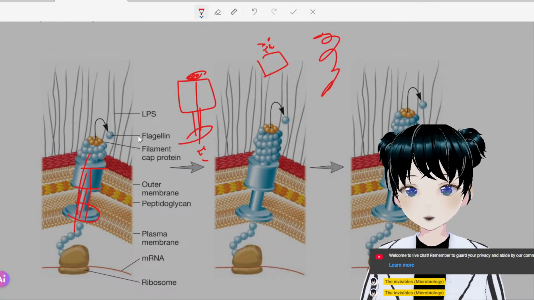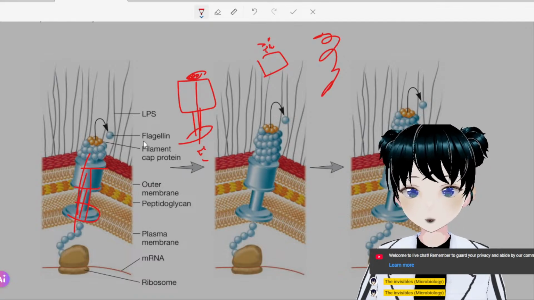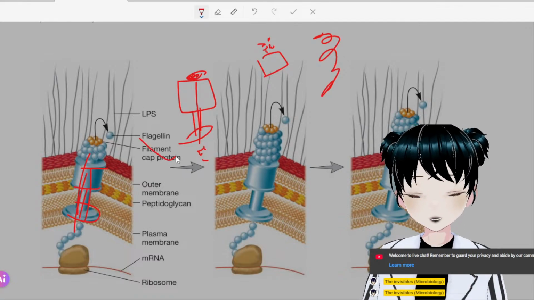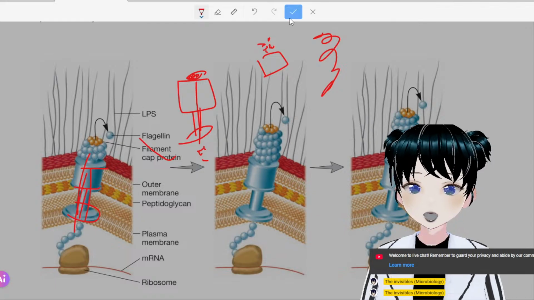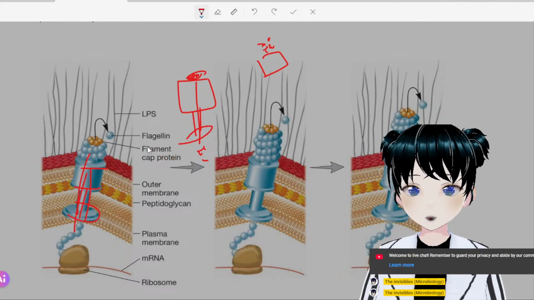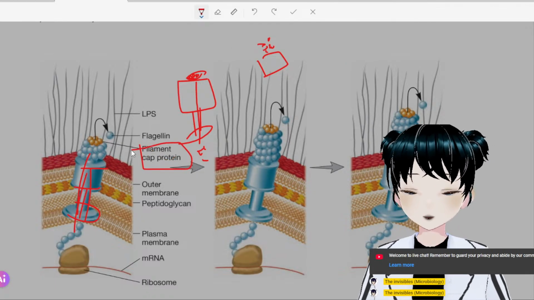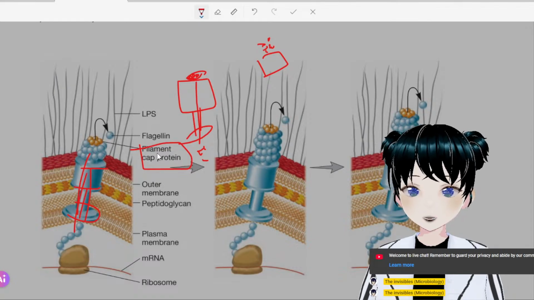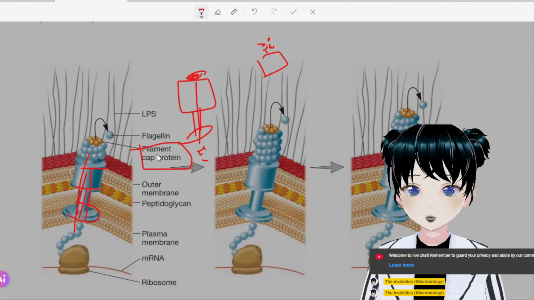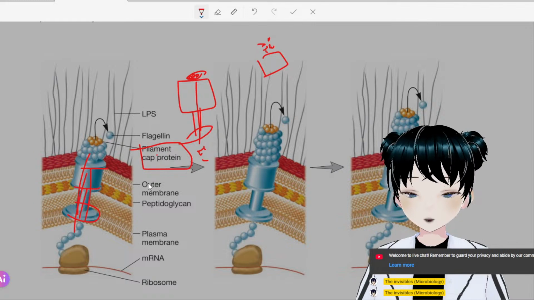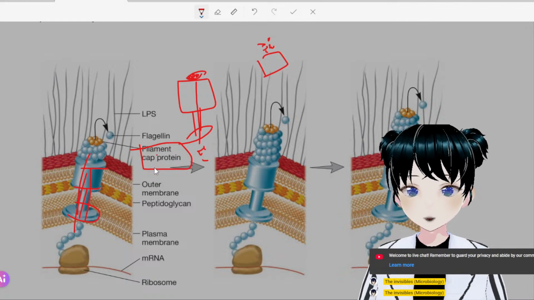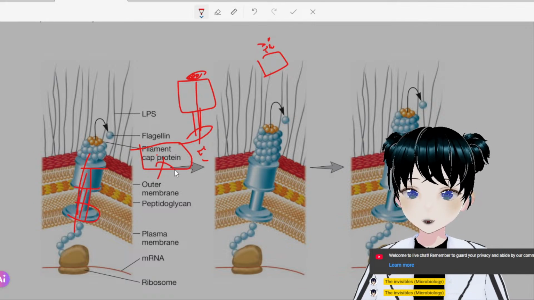Now, the flagellin and the filament cap protein. The area that was already present here is called the filament cap protein. This cap protein is always present, and it is the starting point from where other proteins will be formed. If the filament cap protein is absent, your filament cannot form.